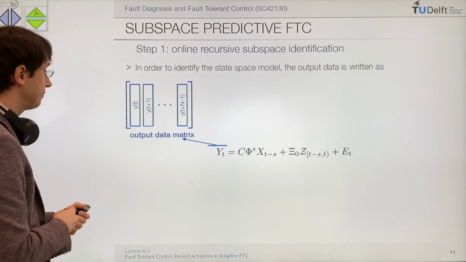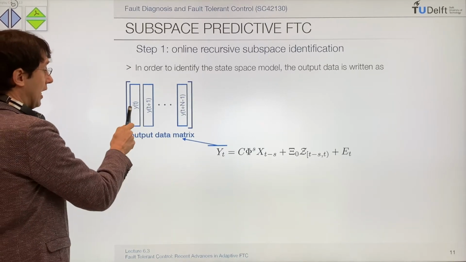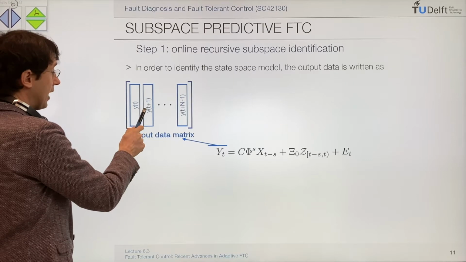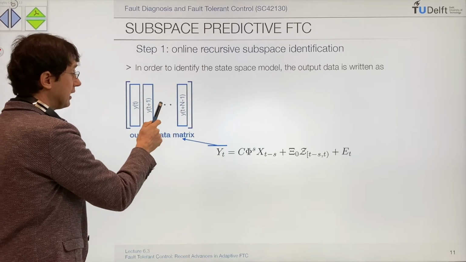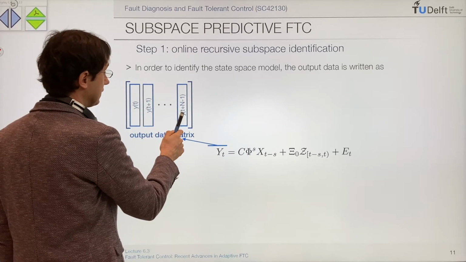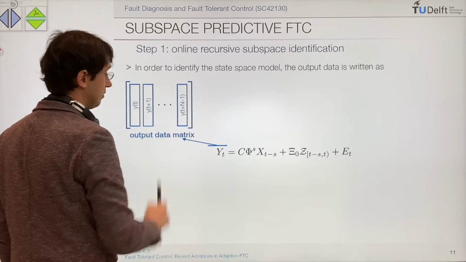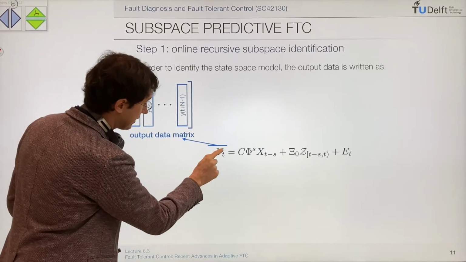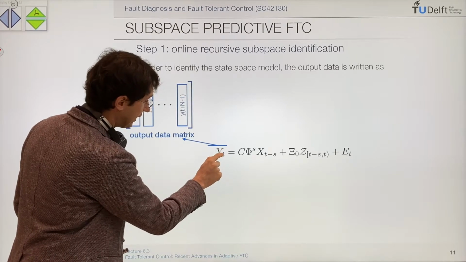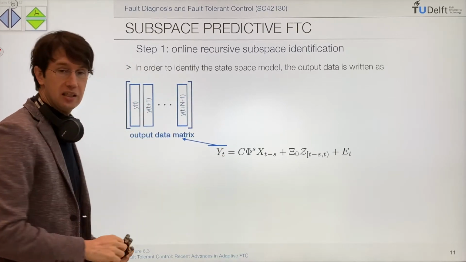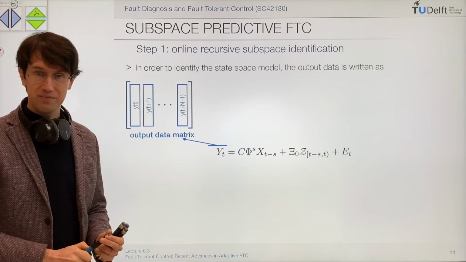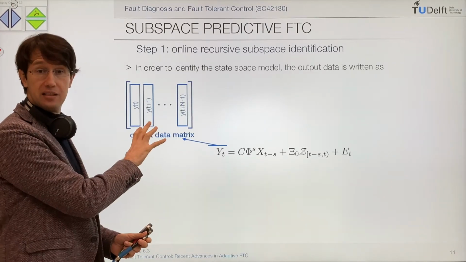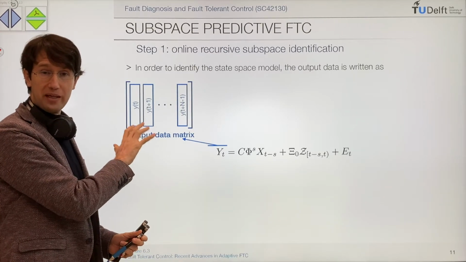So you have Y at time t, Y at time t plus 1, until Y at time t plus n minus 1. We index this matrix capital Y with the index t at which we start collecting this data. And this is something that we know, we can measure from the system.